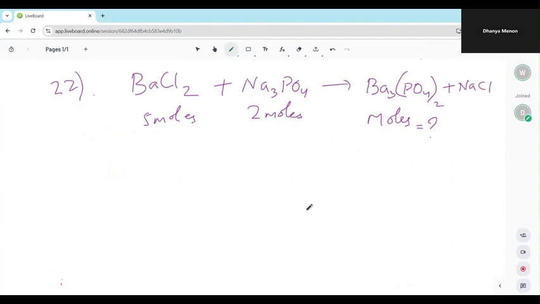Here you have barium phosphate. 3 barium is here, 3, and phosphate is 2. I write here 2. So that makes sodium how much? Sodium is 6. 6 sodium chloride. I'm writing it here.